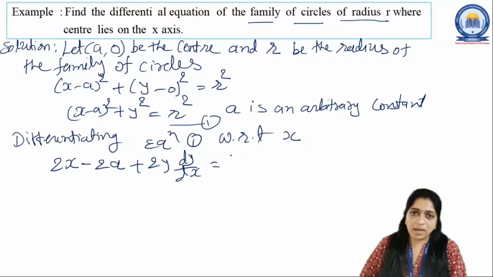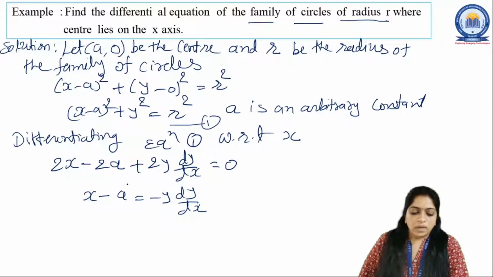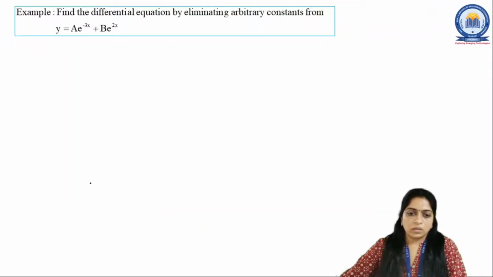Here r is again a constant value, so the derivative of r square is 0. If I take 2 common, then I have x minus a is equal to minus y dy by dx, right? This is equation 2.